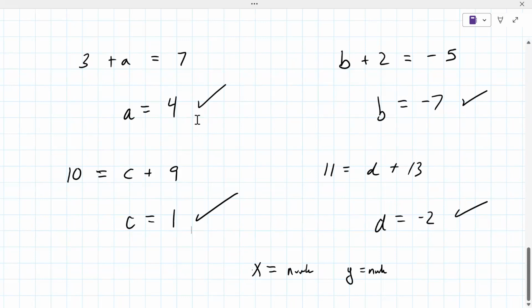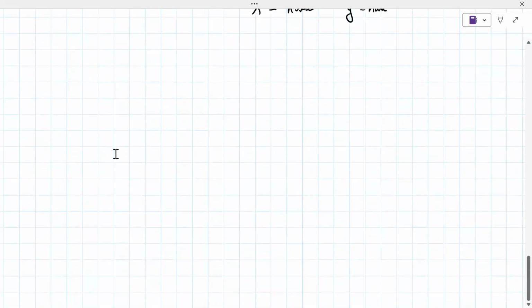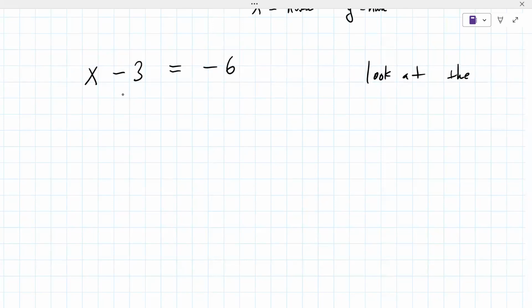Okay. Any questions on that before we move to subtraction? No, I think I got it. Okay. So now we're going to look at subtraction problems like x minus 3 equals -6. When you look at the side with the variable, very important, you have to look at the side with the variable. How do you undo subtraction by 3?